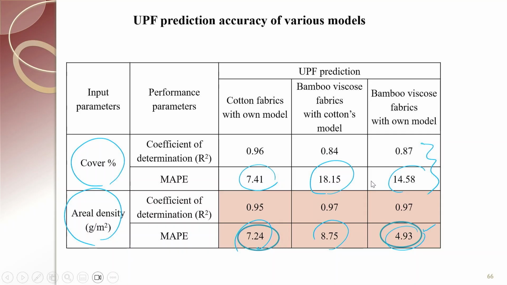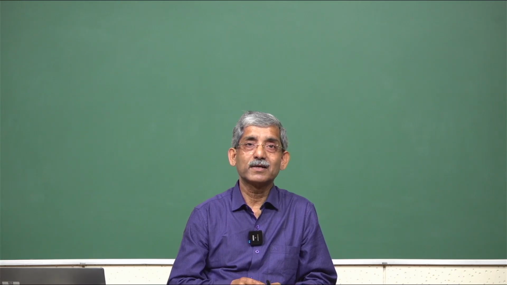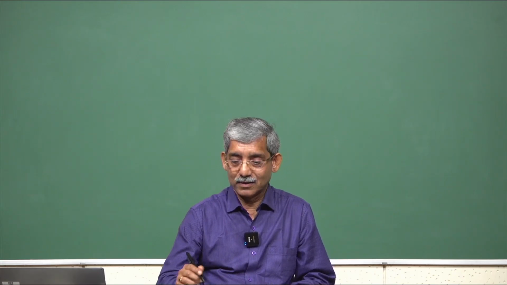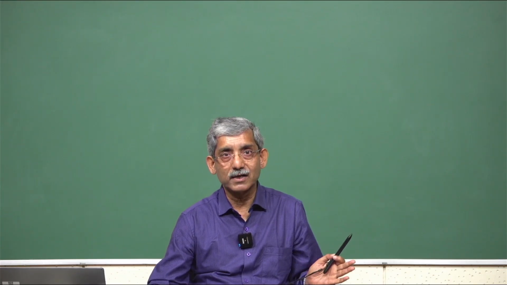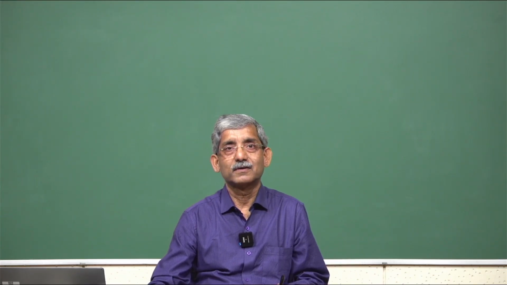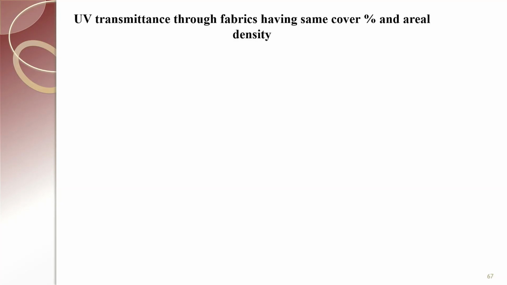So, after that the question remains, which one is better as far as the UPF is concerned. So, we studied further. What we tried was UPF transmittance through fabrics having the same cover factor and same areal density.